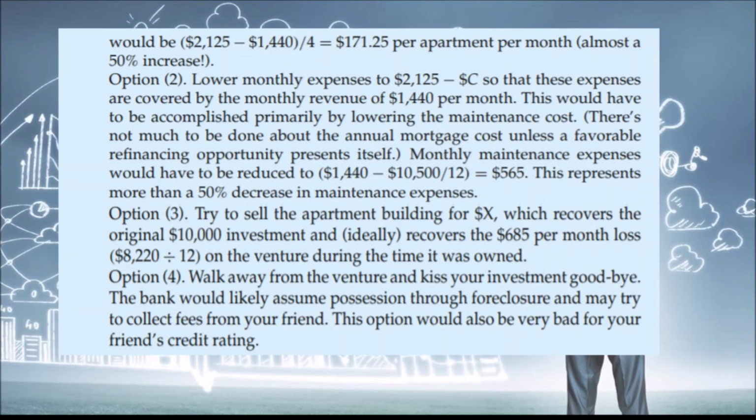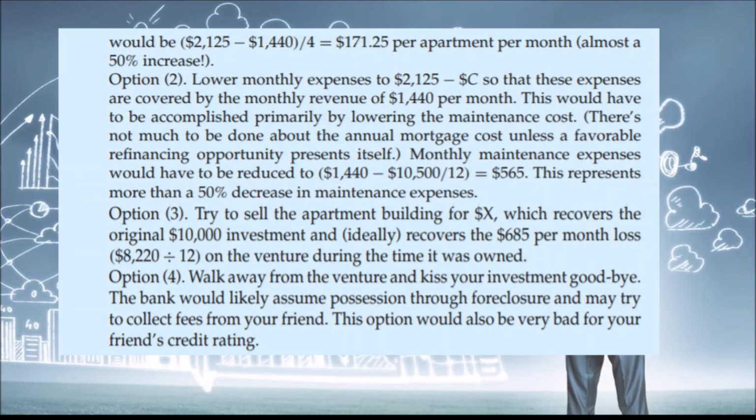For option 2, lower monthly expenses to 2,125 minus C dollars, so that these expenses are covered by monthly revenue of 1,440 per month. This would have to be accomplished primarily by lowering the maintenance cost.